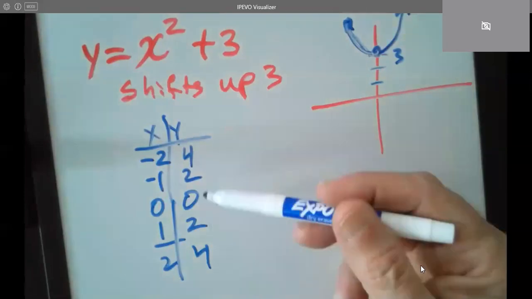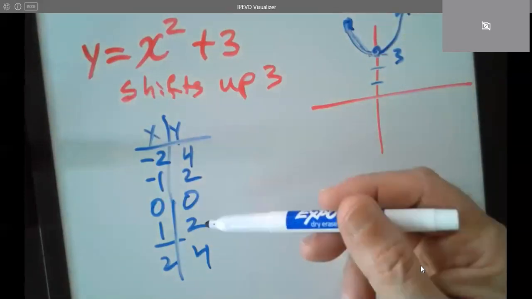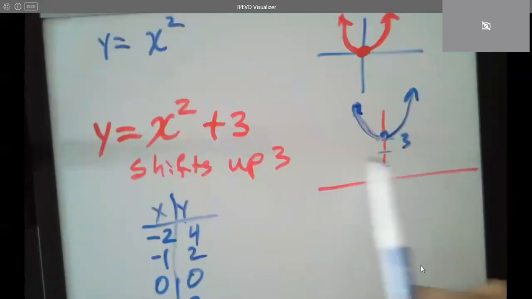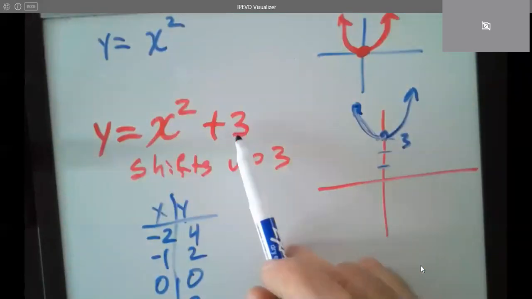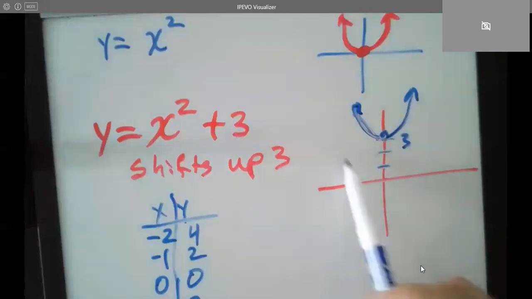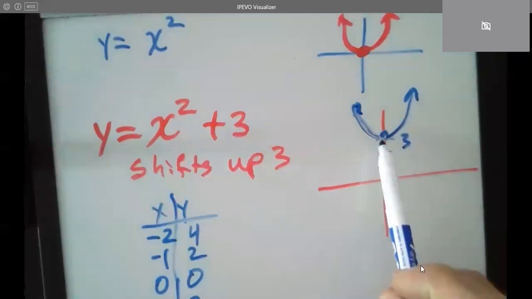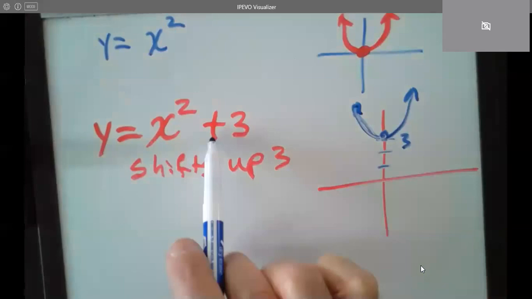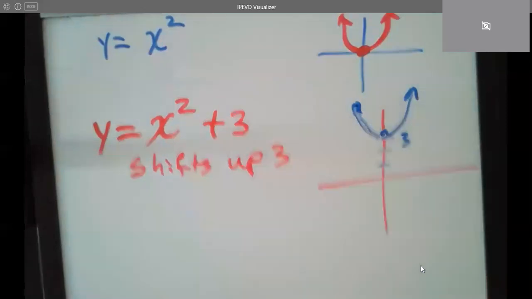Well, that's fine to start with, but when we get into more complex graphs, we want to use what we call transformations. So in these transformations, when you have x squared plus 3, it shifts it up.